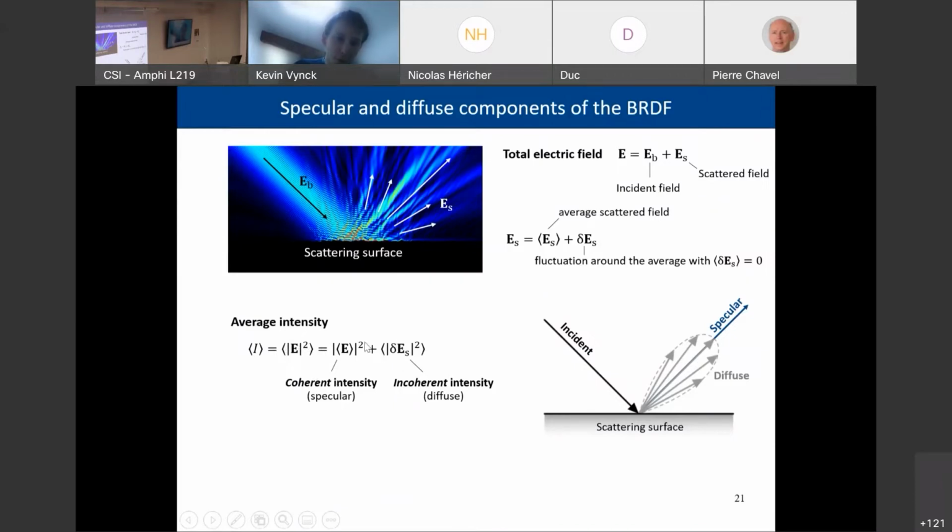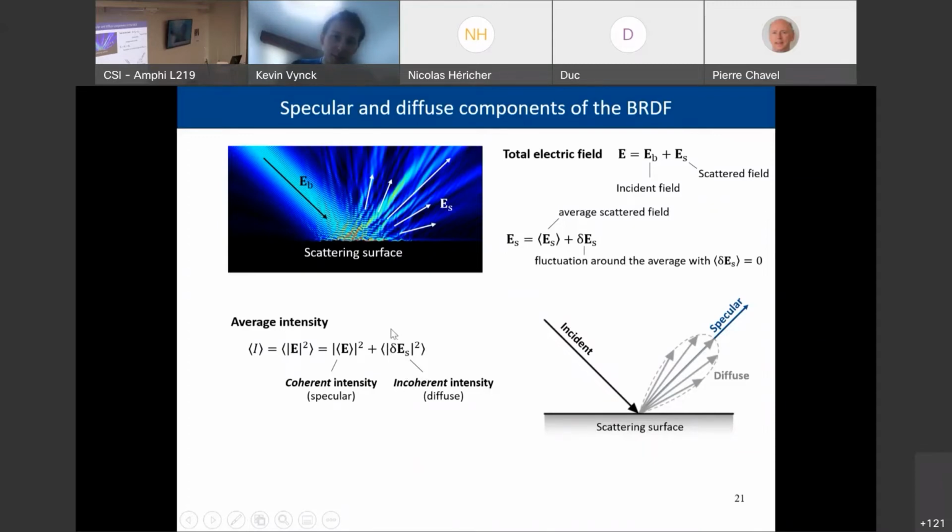The first term is the norm square of the average total field, and this will be called the coherent intensity, plus a term that depends only on the fluctuations of the scattered field, and this is the average of the intensity of the fluctuating scattered field. That we call also the incoherent intensity.